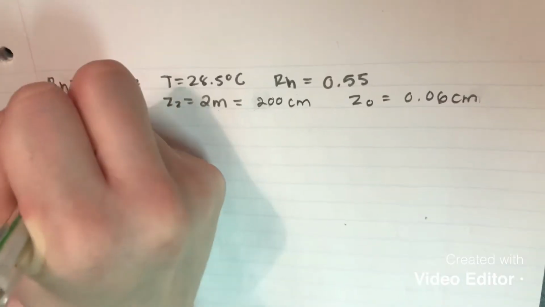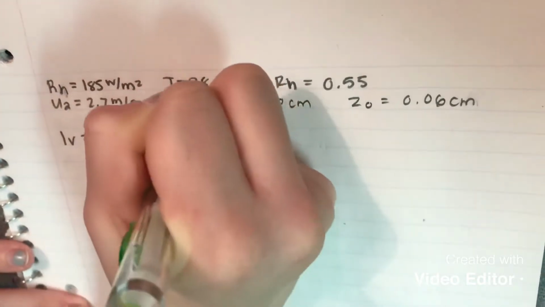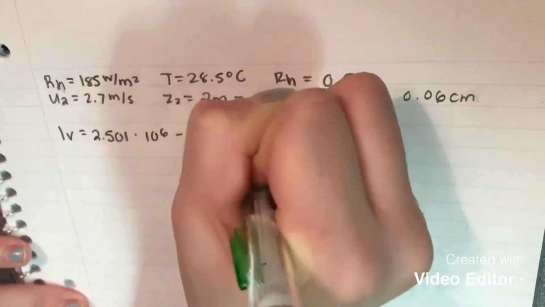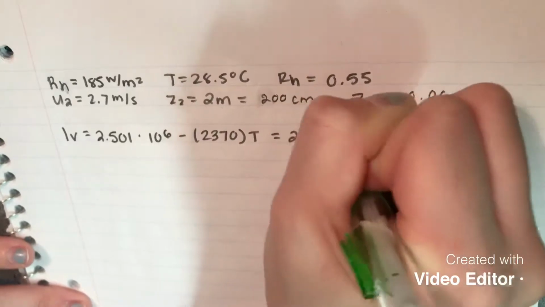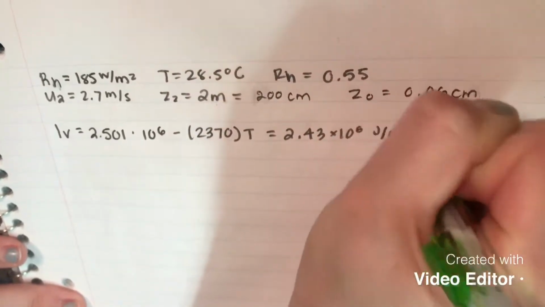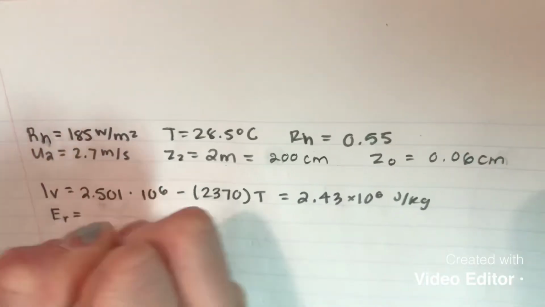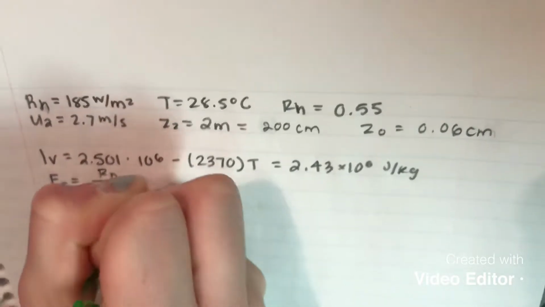We'll start with LV, which equals 2.501 times 10 to the 6 minus 2,370 times temperature. And when you plug that in, you'll get 2.43 times 10 to the 6 joules per kilogram. So then we can do ER equals Rn over density of water times LV.